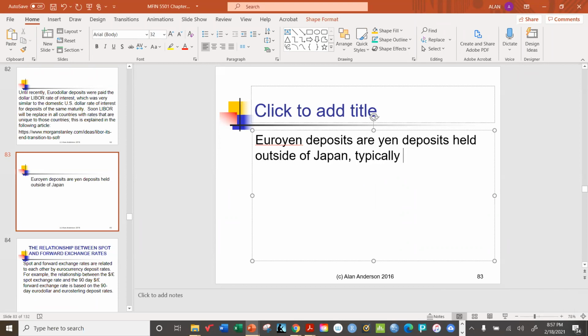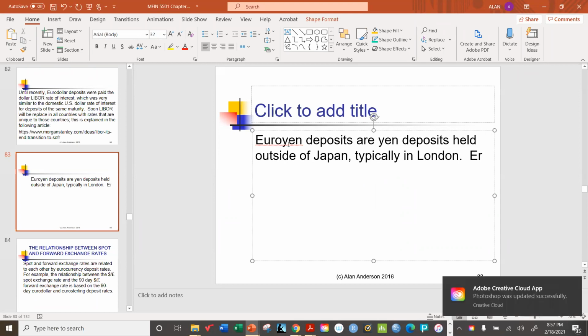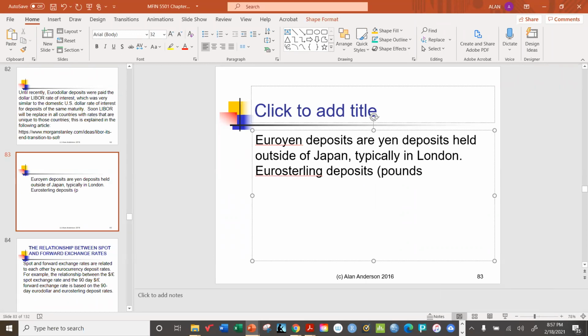Typically, like I said, in London, but not always. And now for the British pound, these deposits are called Euro sterling deposits, which are deposits held outside of the UK, possibly the United States, okay?